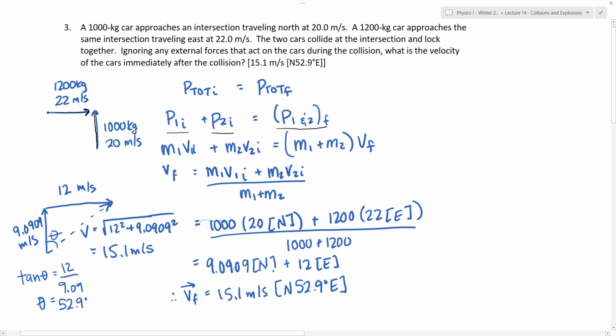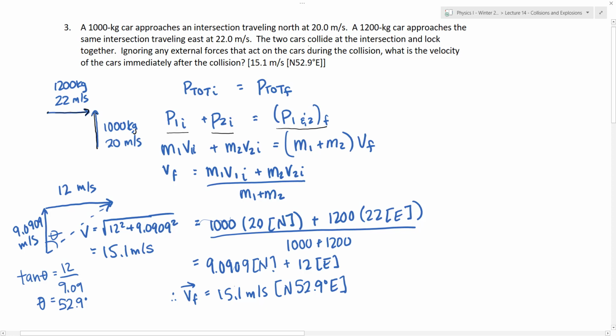Now, when we go to actually solve the problem, I plugged in v1 and v2 initial as 20 north and 22 east. Some people did something similar, but they added the numbers straight up. So when you have 9.0909 north plus 12 east, they were just adding the numbers to get 21.0909, for example, in a similar question that was in the text.